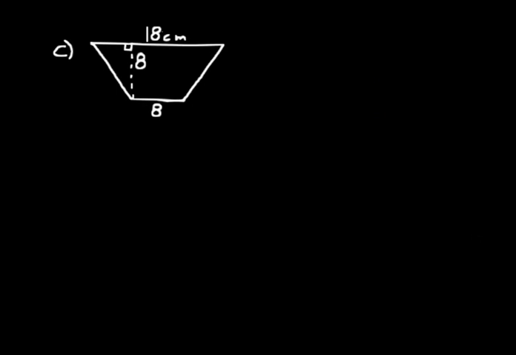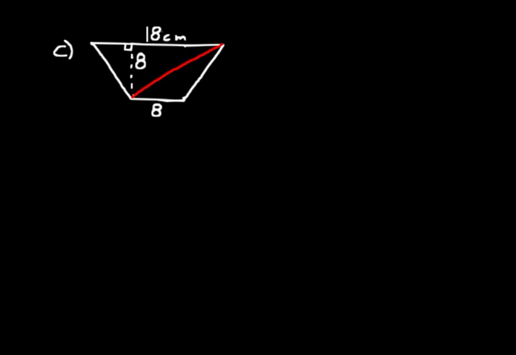Let's do one more. Look at this problem. There's an easier way and a more complicated way to do this problem. The more complicated way would be to break this up into 2 triangles and a rectangle. The easier way is to recognize by making a diagonal that you have 2 triangles in this problem, both of which have that perpendicular height of 8 to their bases.